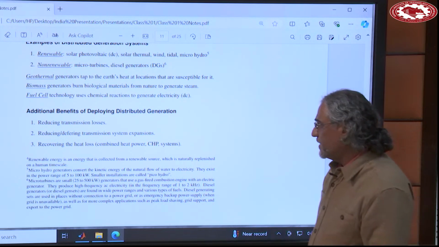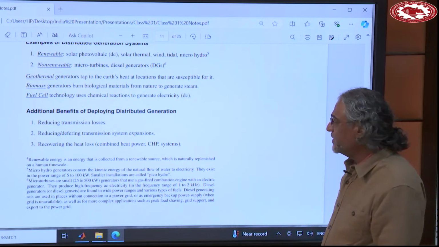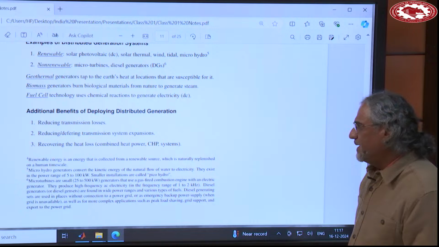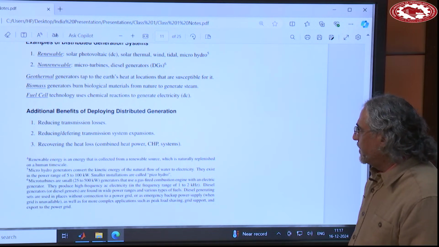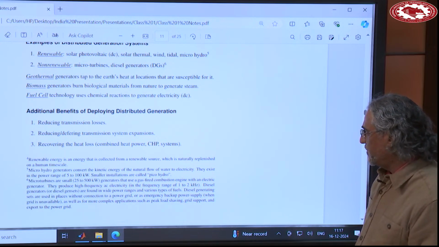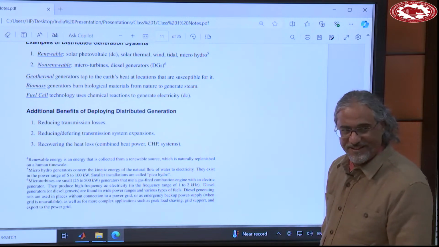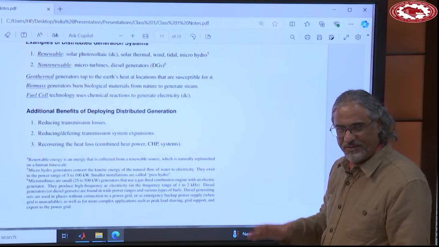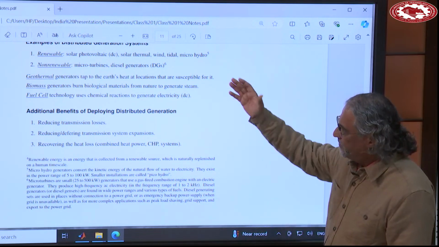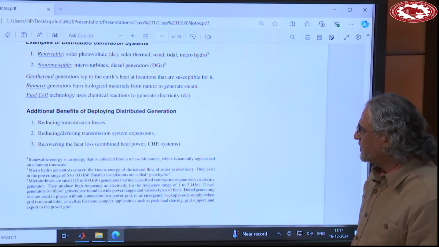Biomass generators burn biological materials from nature. Fuel cell technology uses chemical reactions to generate electricity. That is also another technology that we can consider as renewable, even though the terminology differs from PV to fuel cell, so not exactly the same, but still we can consider that.